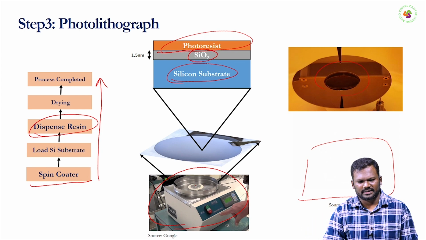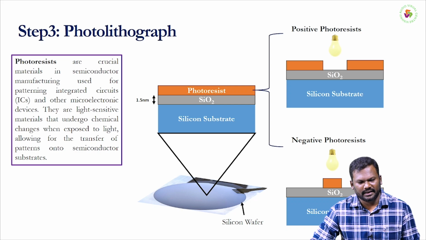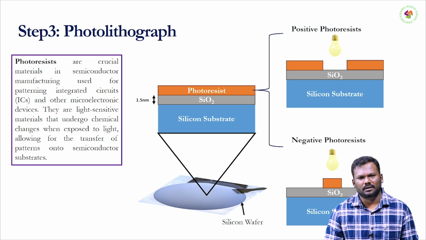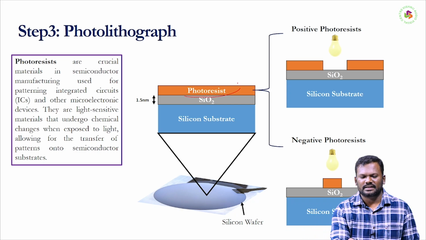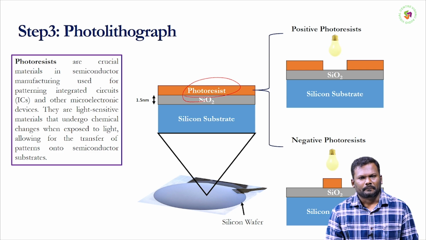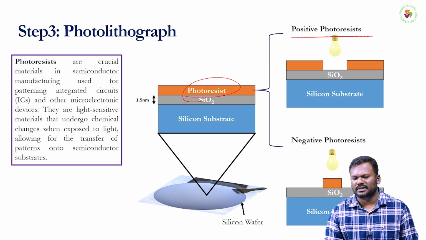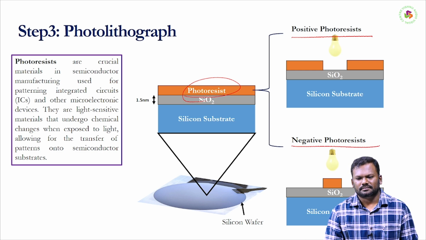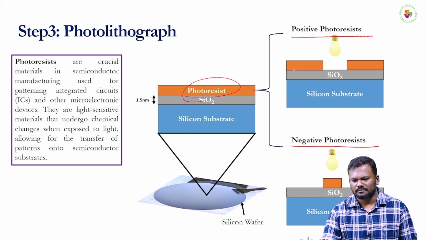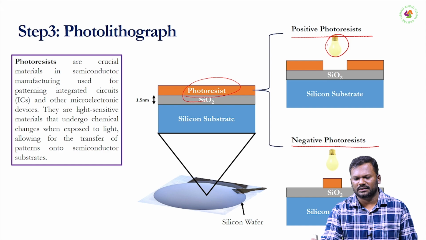So moving to the next step, we will discuss photoresist types. There are two types of photoresist. The first one is the positive photoresist. The second one is the negative photoresist. In the positive photoresist, if you see here, light is exposed on the photoresist.